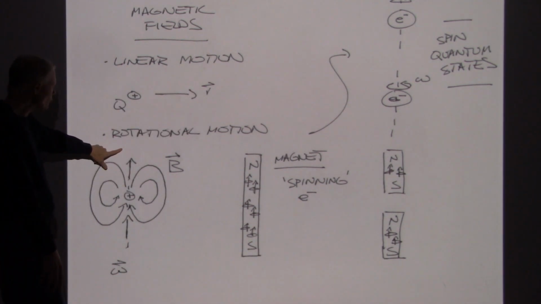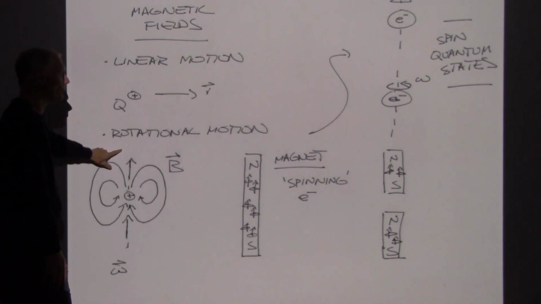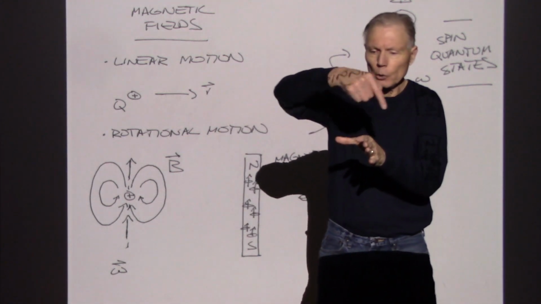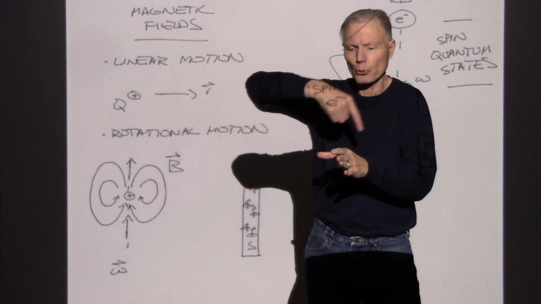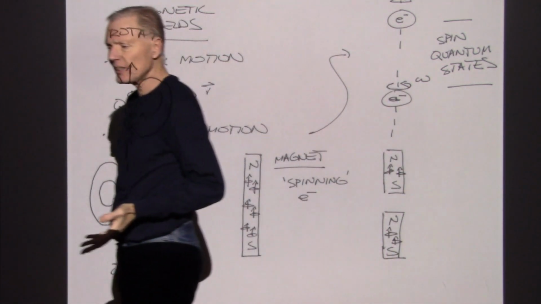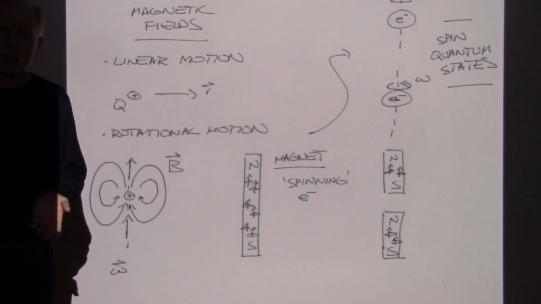But there's also rotational motion to consider. So you could take a loop of wire and you could move it in a circle. That would be charges going in circles. But we also have in nature our atoms and molecules.